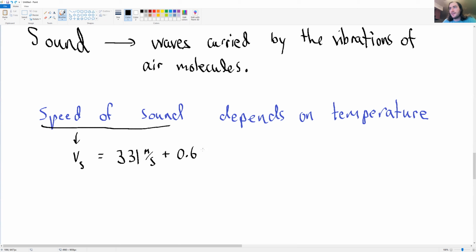And let's put the units in there: meters per second per, and then I believe for the temperature in the book they use Celsius, so put degrees Celsius here.